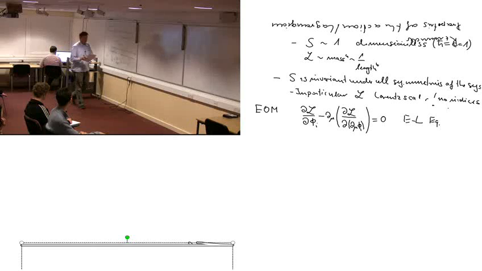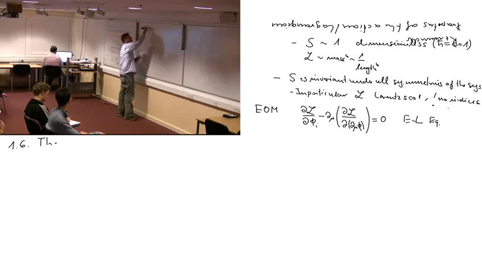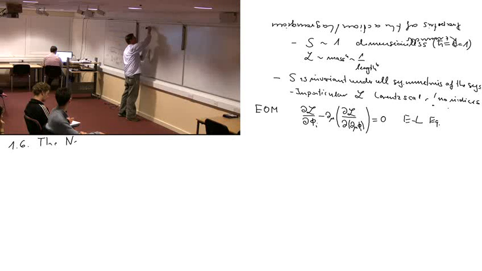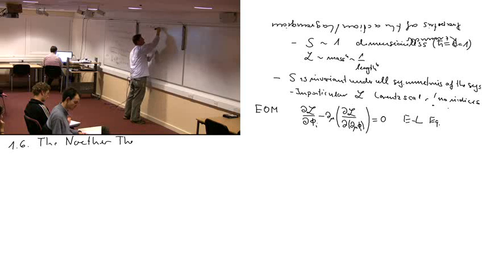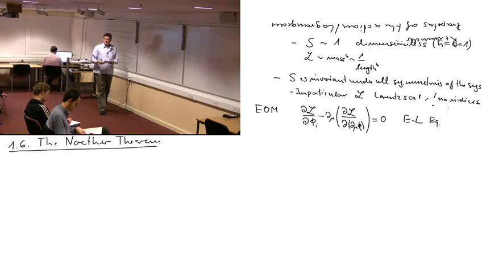OK, so now let us proceed to make physical use of symmetries. And this is really one of the most fundamental connections in physics, the connection between symmetries and conserved quantities. And that's the Noether theorem. You may have encountered it already in classical mechanics, but it also holds in field theory.